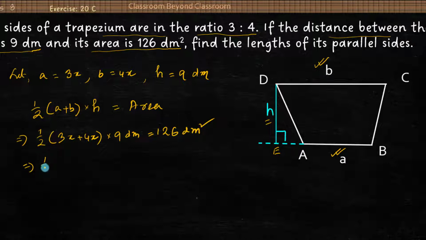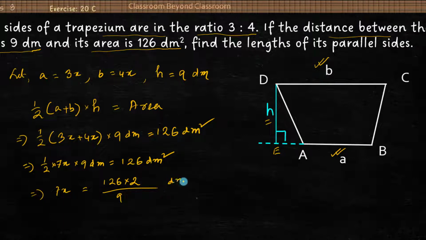So this is equal to half of 7x multiplied by 9 decimeter is equal to 126 decimeter square. 7x is equal to 126 cross multiplied by 2 divided by 9.